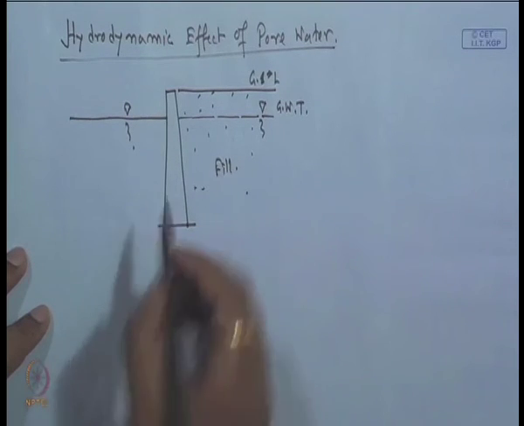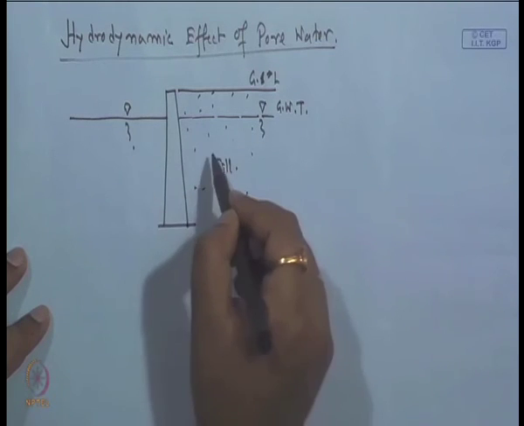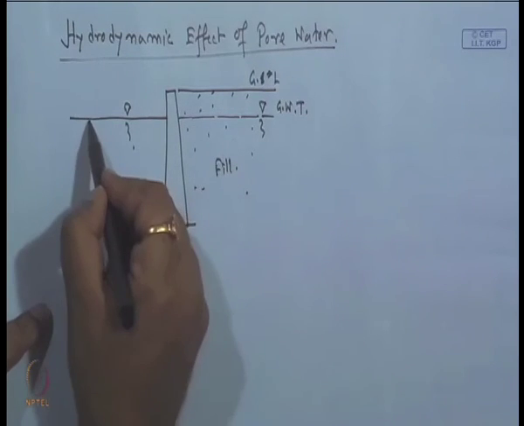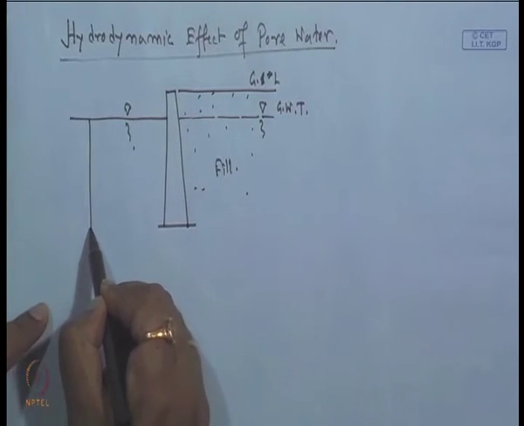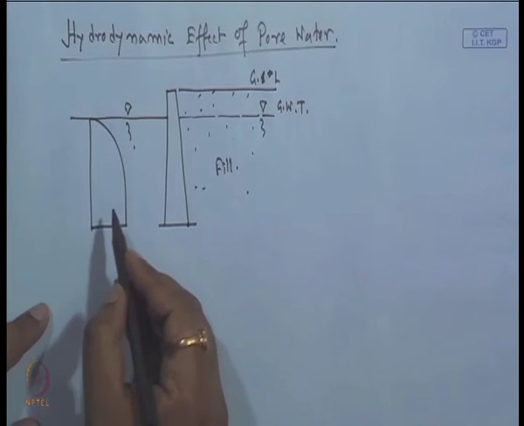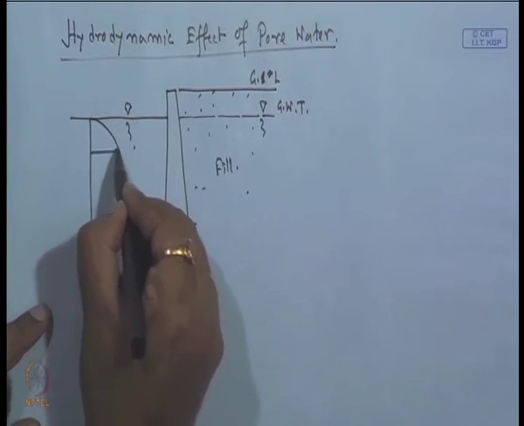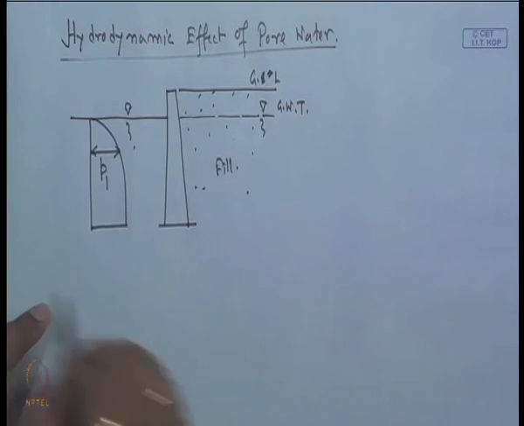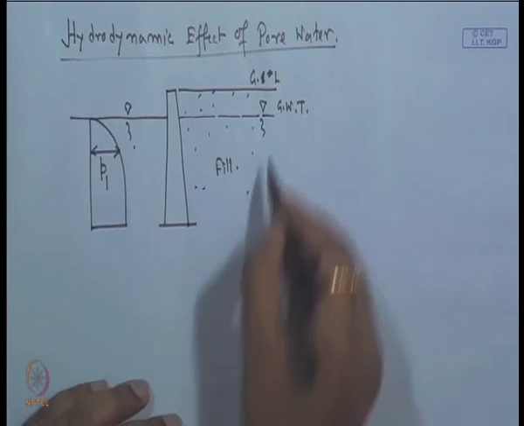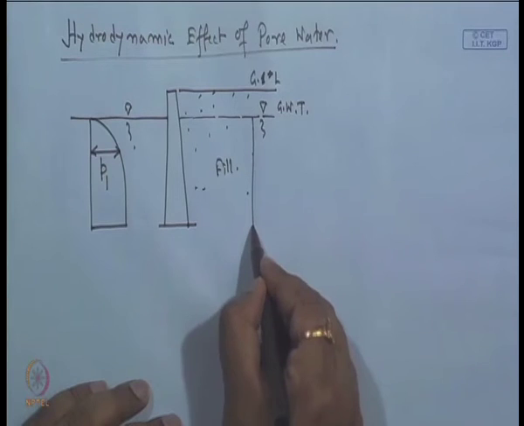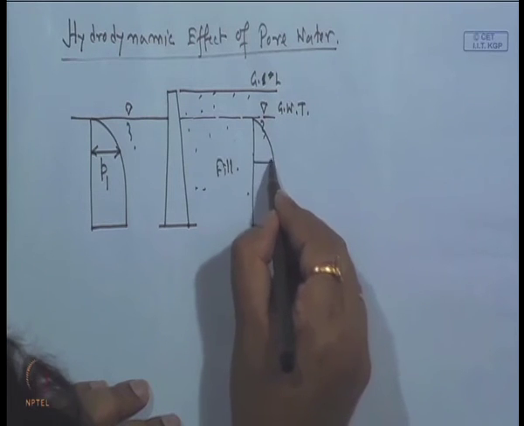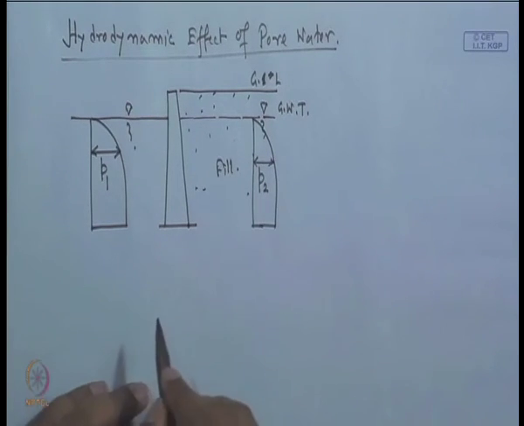Now here both sides water is present, here water is free and here water is within the soil. So now we will get a variation of the water pressure according to this. Suppose this is the variation of P1, this is the water pressure variation due to this earthquake condition, this is free water, and this side also will get one variation similar to P1, say at any point P2, small p1 and P2.